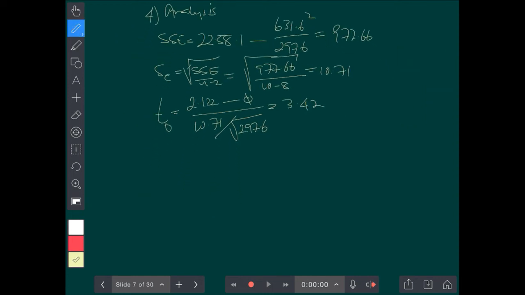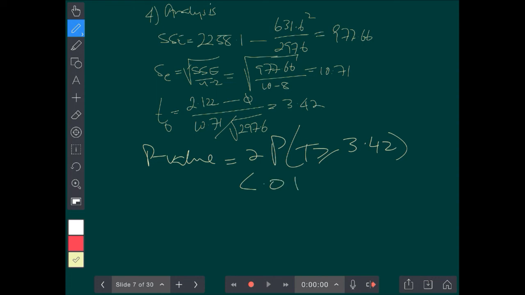And so the p-value, we already know how to do that. The p-value is twice the probability of t greater than or equal to 3.42, which would be less than 0.01. In case you're wondering again, how did I get that? If you look up 3.42 in the t-table, under 8 degrees of freedom, the area that corresponds to that would be less than 0.005, because at 0.005, the t-value is only 3.3 something, which is smaller than 3.42.